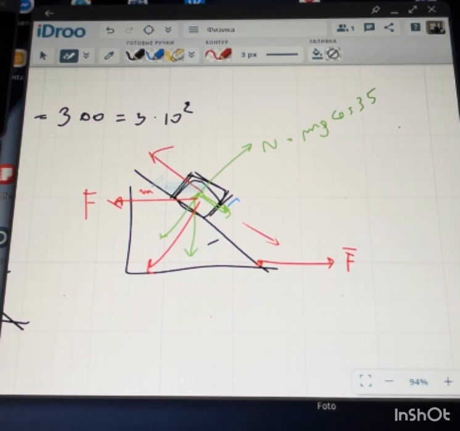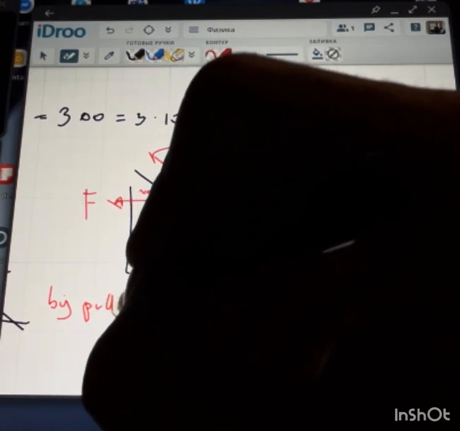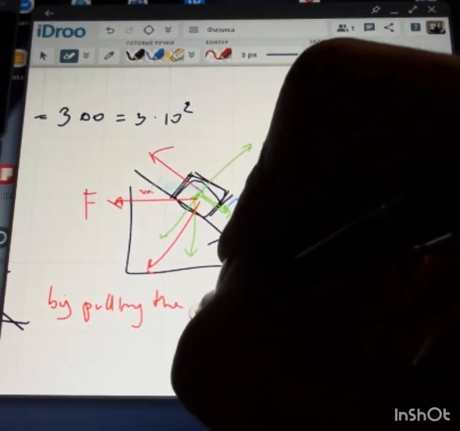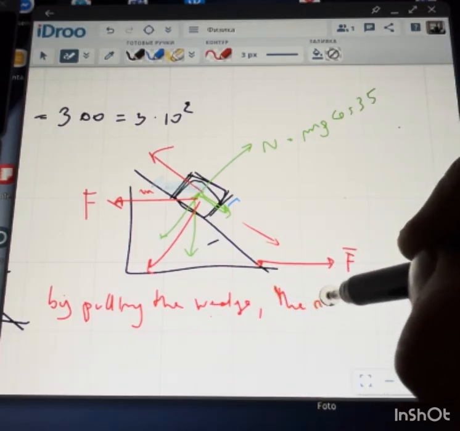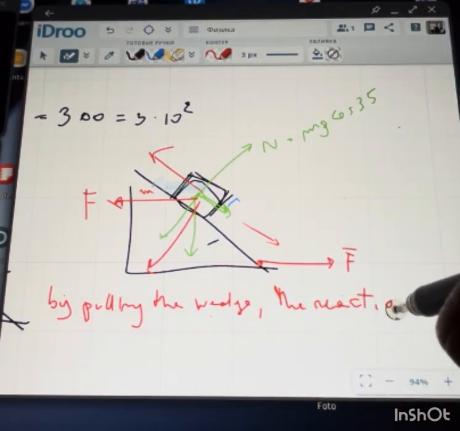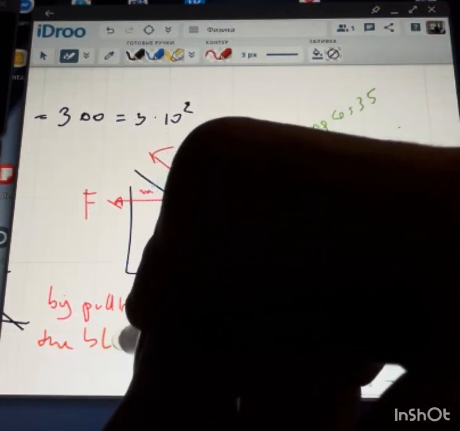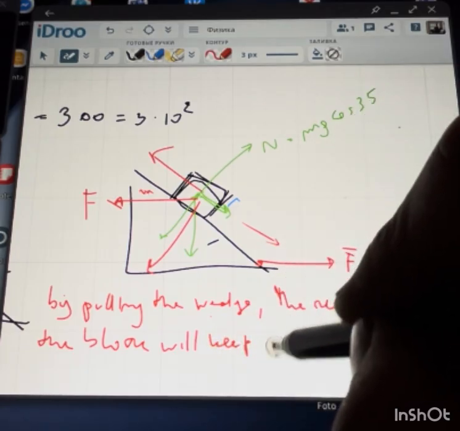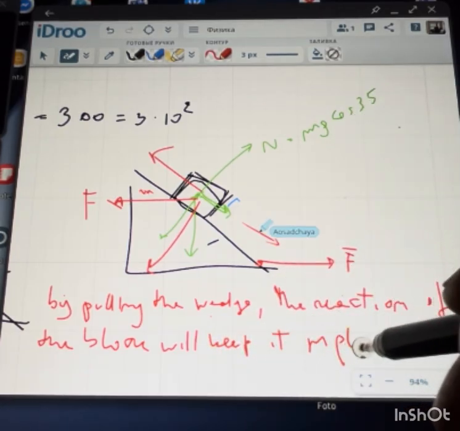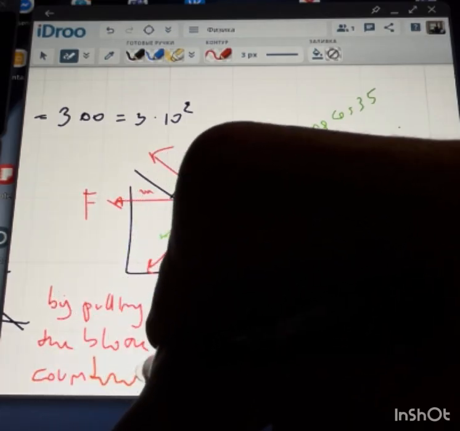But we don't want it to fall down. So we start pulling the wedge. By pulling the wedge, the reaction of the block will keep it in place, countering gravity.